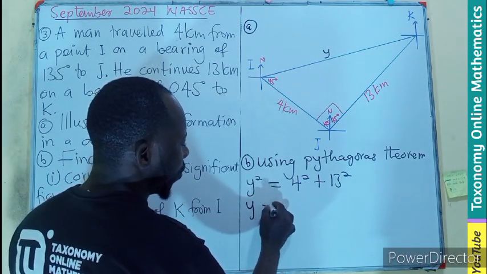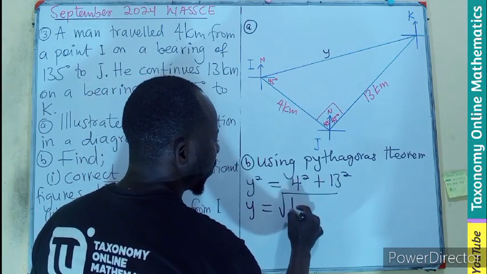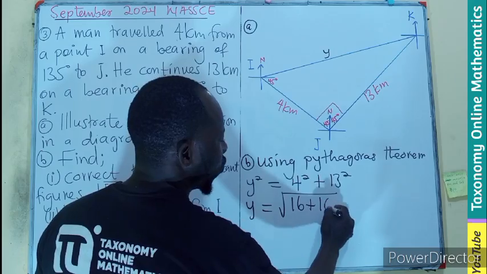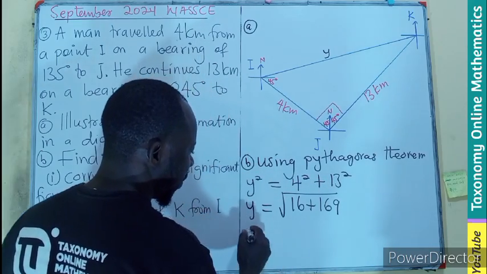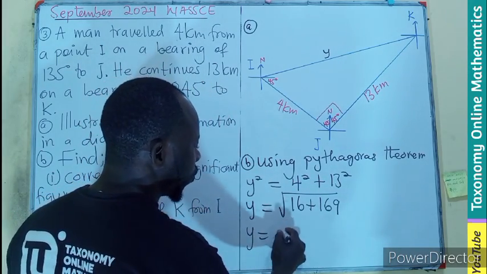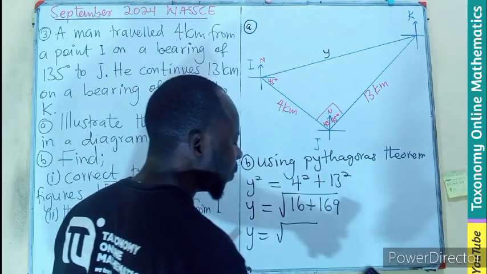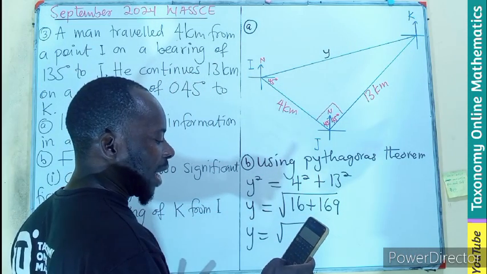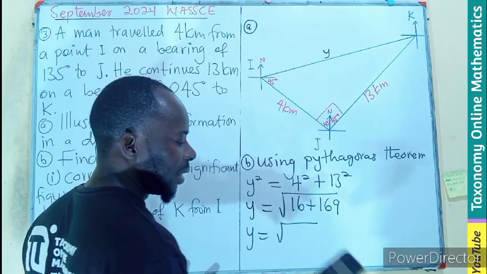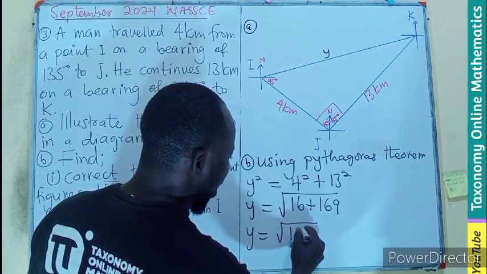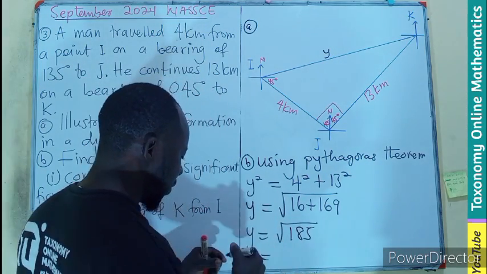So Y will be equal to the root of 4 square plus 13 square, which is the root of 16 plus 169. That gives us 185.